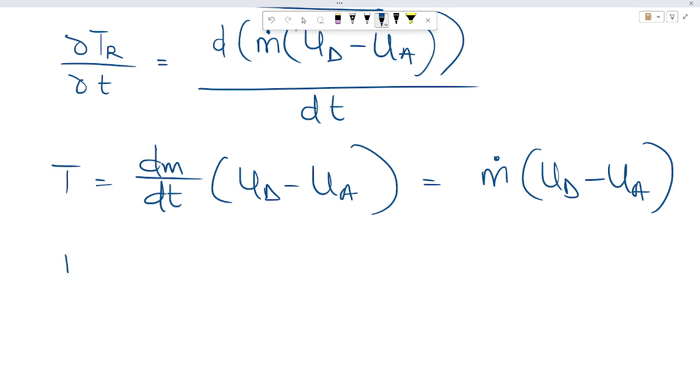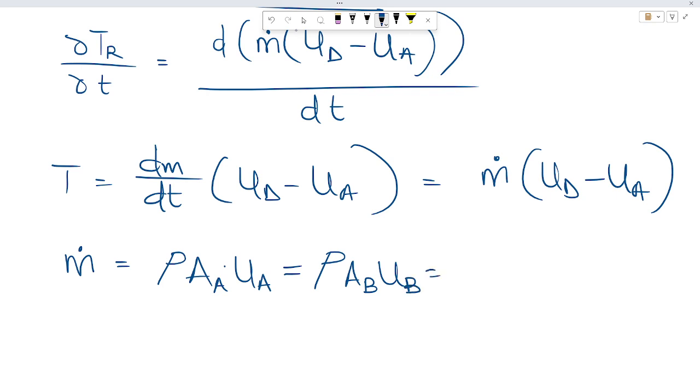And the mass flow rate equals rho A of A times UA, equals rho A of B times UB, equals rho A of C times UC, which equals rho A of D times UD, for all the cross sections.